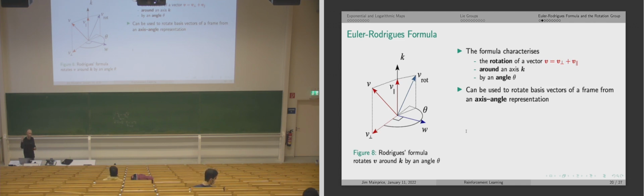That means that you have a unit axis, and then an angle around that axis, and you can factor the angle as the norm of the vector. So if you want to recover the angle, you just normalize that vector, and the factor by which you normalize it will be theta.